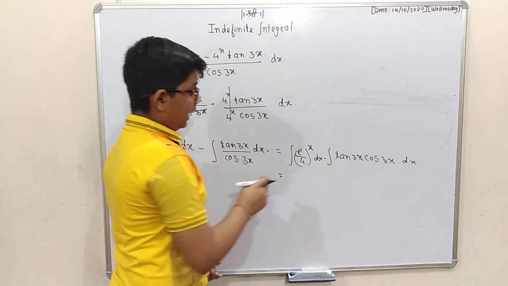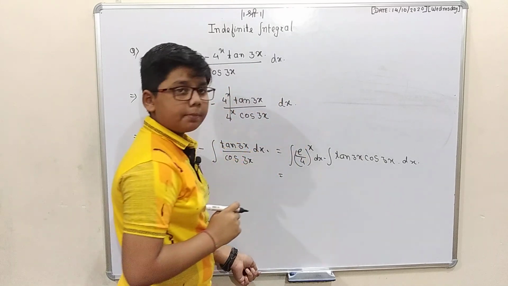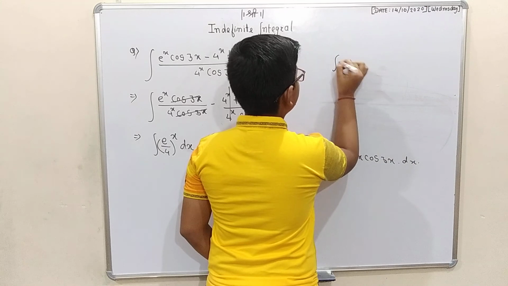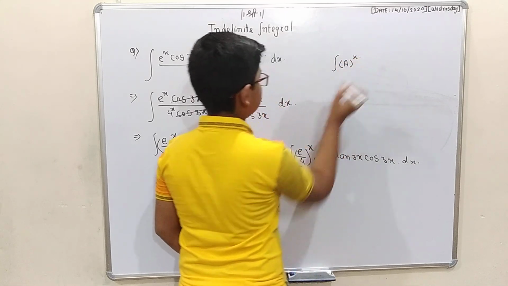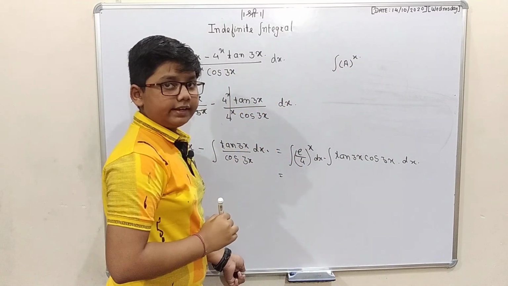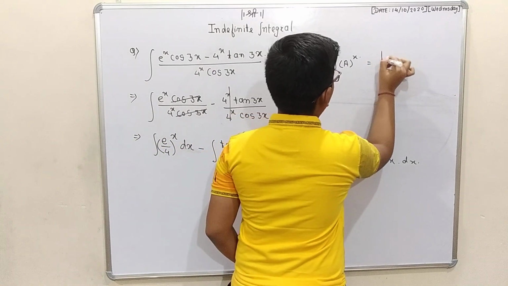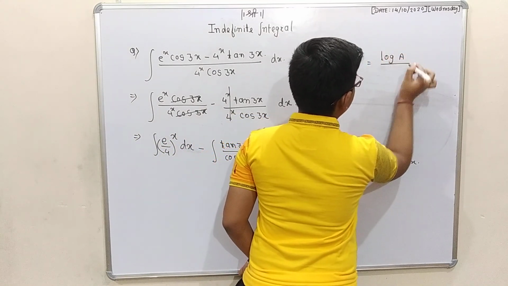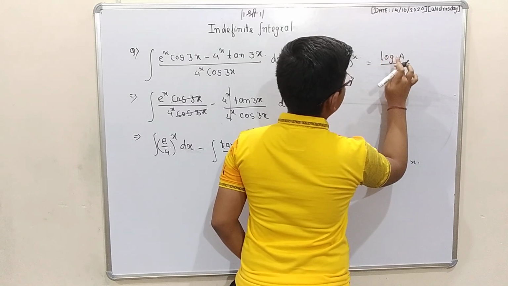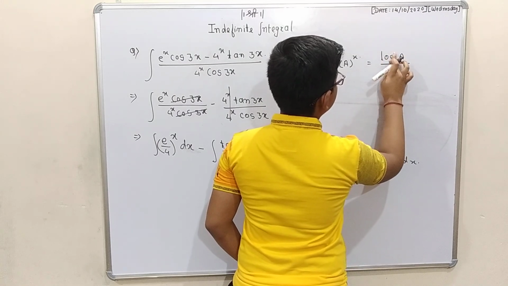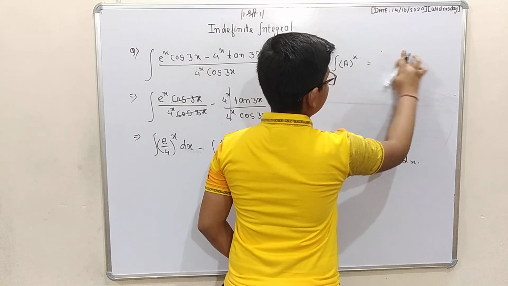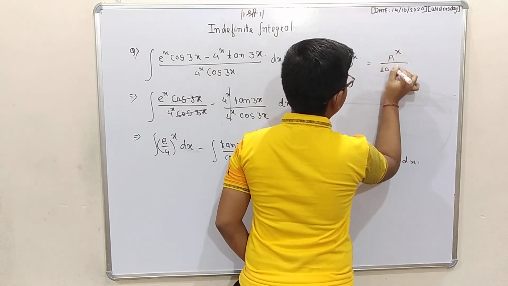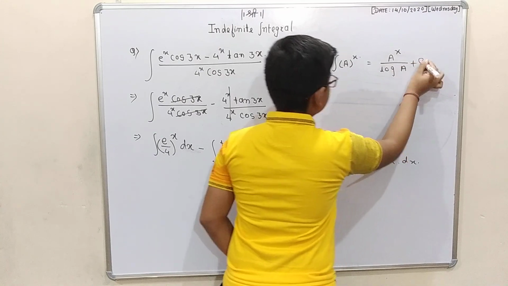Now we know that integral (e by 4) whole raised to the power of x dx. We know that integral of a raised to the power of x is equal to a raised to the power of x divided by log of a plus constant.